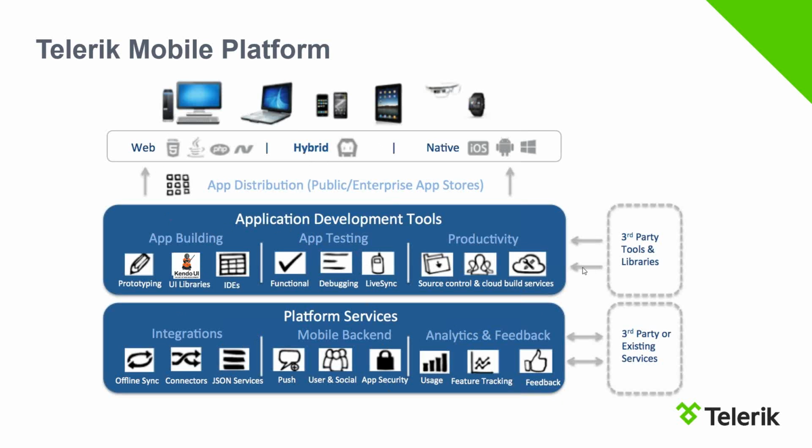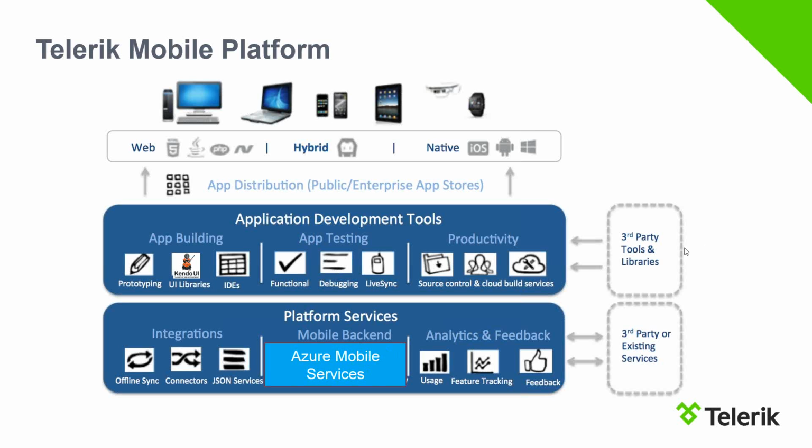This is extremely extensible and composable, which means you can choose any piece you want to use from this section. You don't have to use all of them together. For example, today, instead of using the mobile backend, we are going to be using Azure Mobile Services. And if you have your own third-party tools and libraries that you want to bring in, you definitely can.